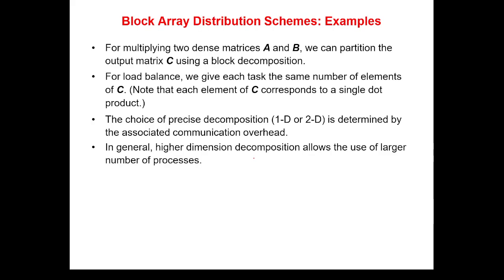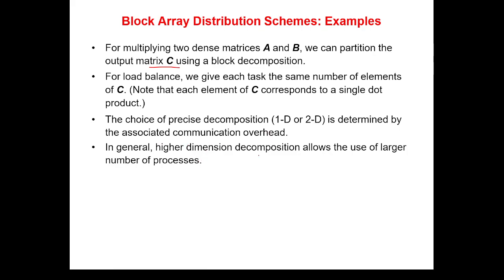Okay, alright. So block array distribution ni example, kita gunakan two dense matrices A and B. We can partition the output of C using a block decomposition, macam kita buat sebelum ni. To load balance, kita akan pecahkan task tu kepada sum element of C. Kita boleh pilih sama ada nak pakai 1D ataupun 2D, which is determined sama ada associate a communication overhead ataupun tidak.